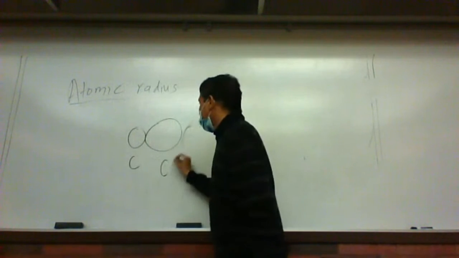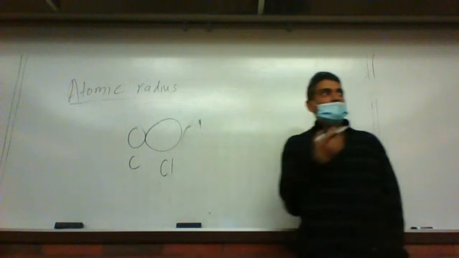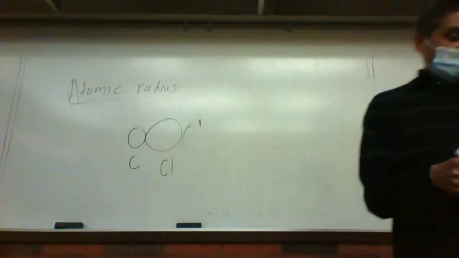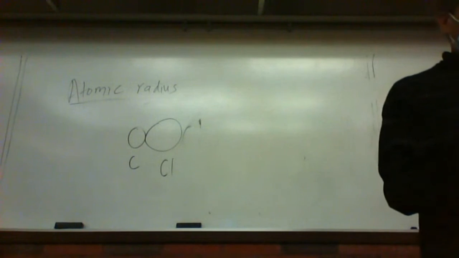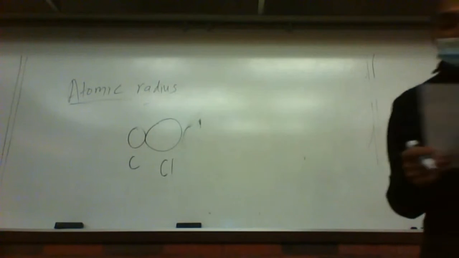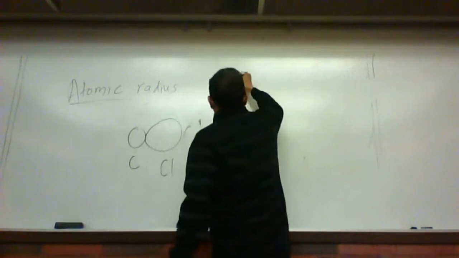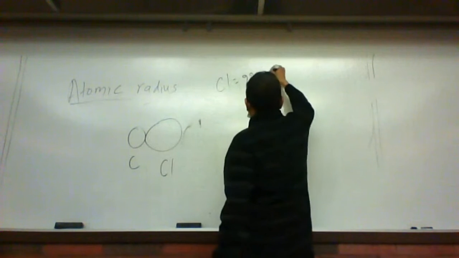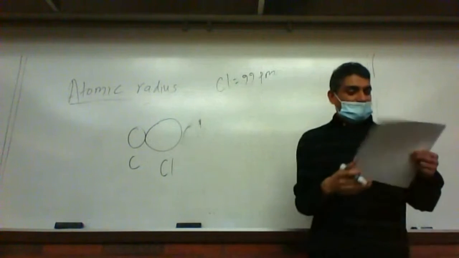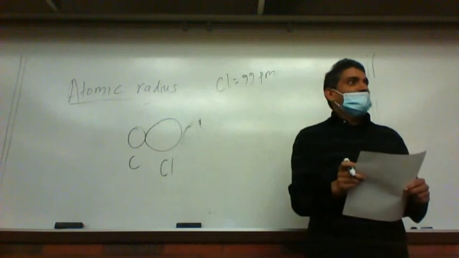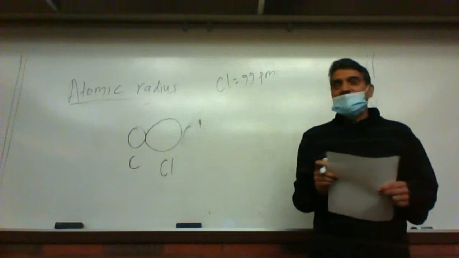So this is small, this is big, right? How do we define the atomic radius of each of these? Previously, for chlorine, you already found 99 picometers, right?